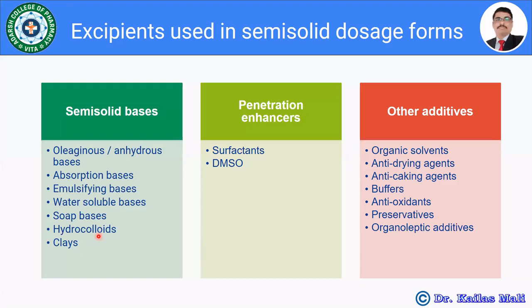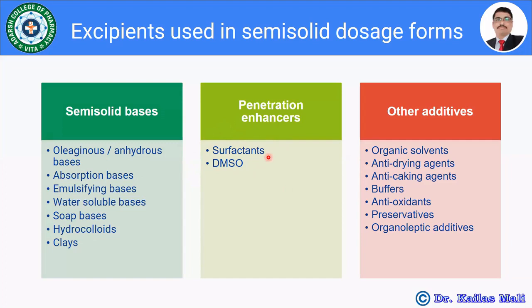Apart from these semi-solid bases, there is a need to use the penetration enhancers. The penetration enhancers are going to increase the permeability of drug through the skin, for example, surfactants and dimethyl sulfoxide.